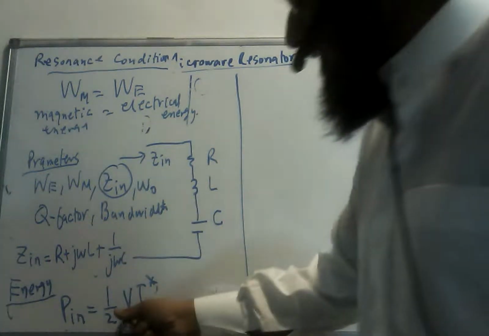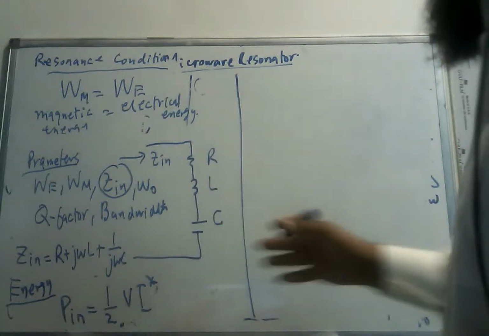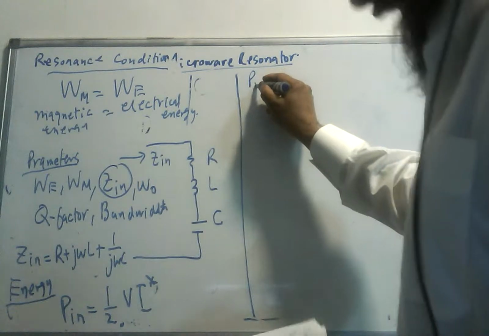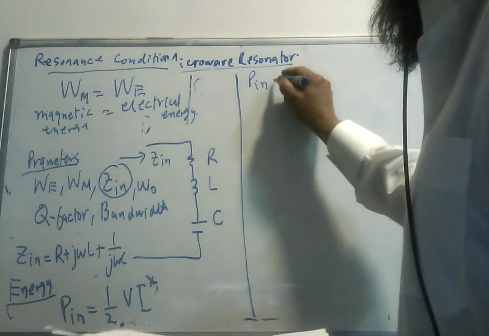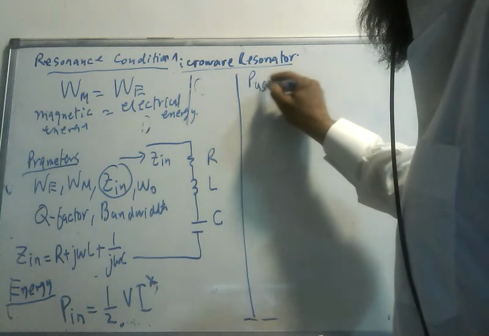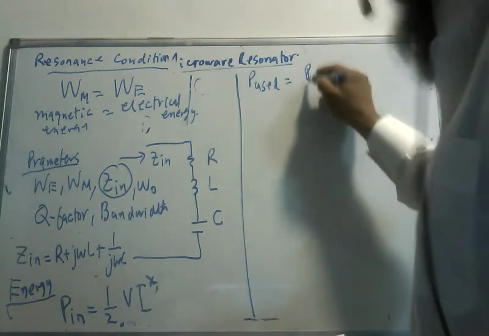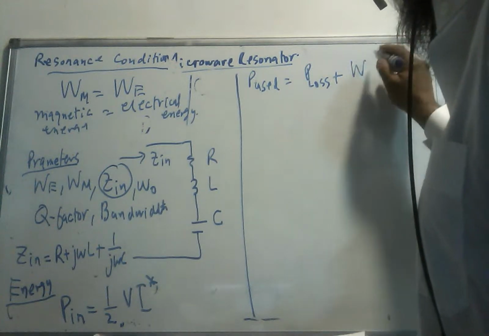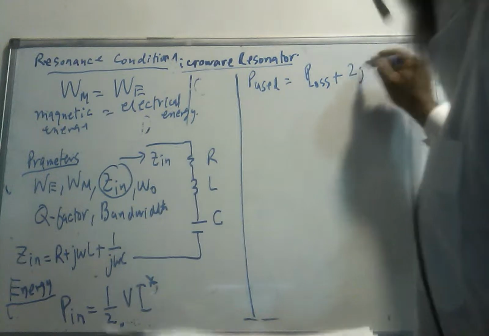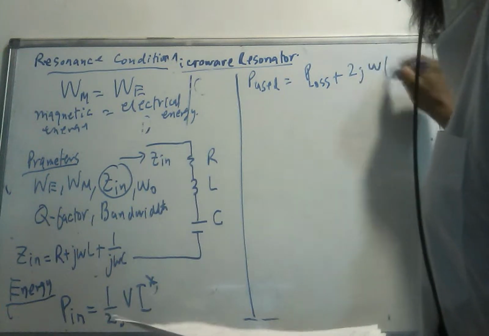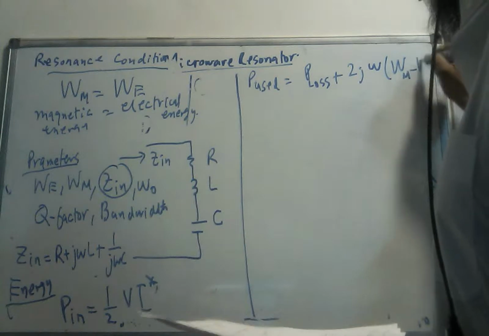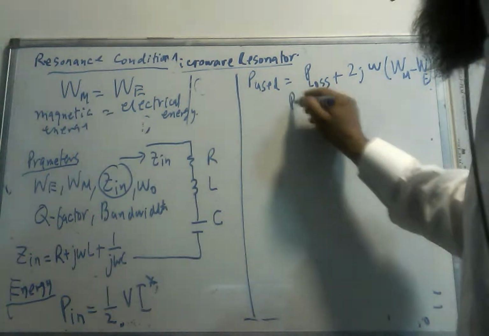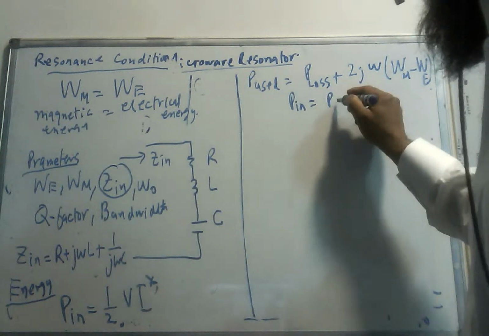This is the power coming inside, and it is equal to the power used by the circuit, which I call power used. This is equal to power loss plus 2j omega times the magnetic energy minus electrical energy. So this is the general relation, and in any circuit, as we know, power in is always equal to power used.